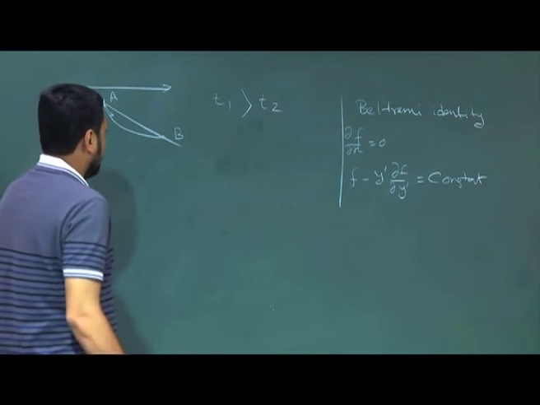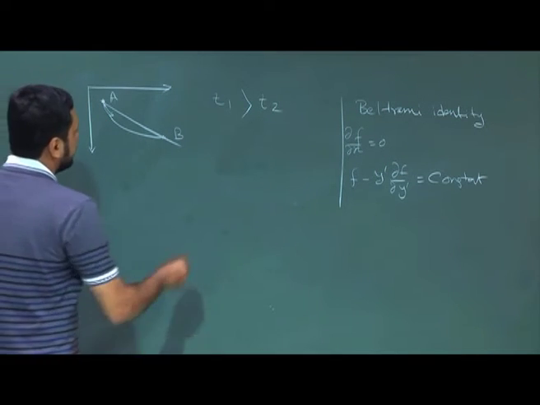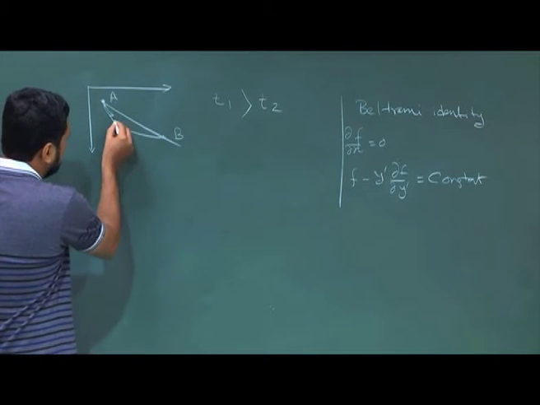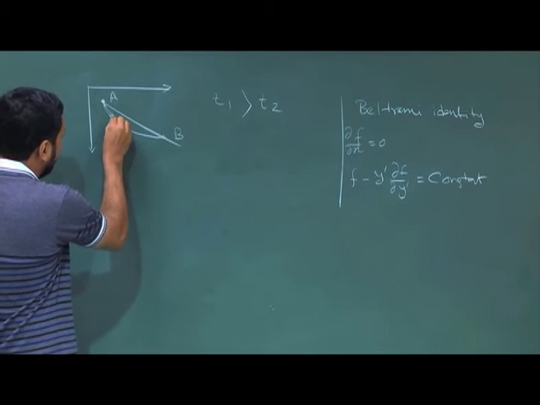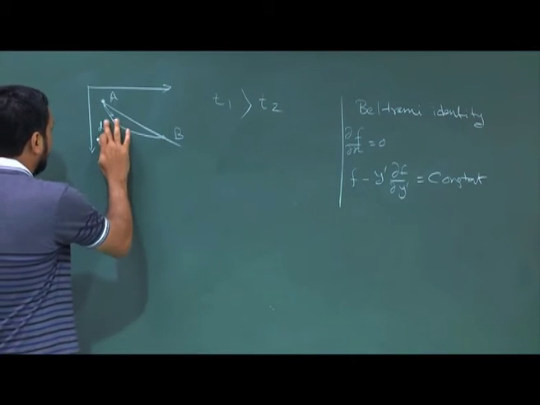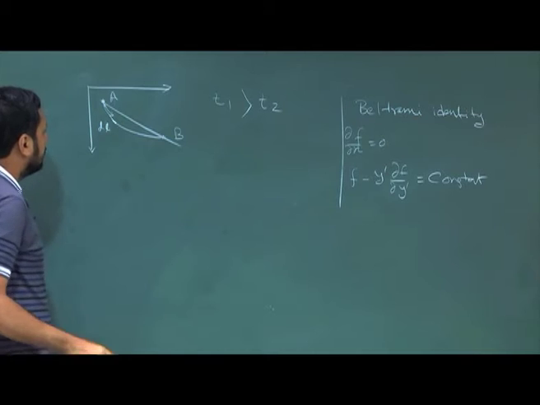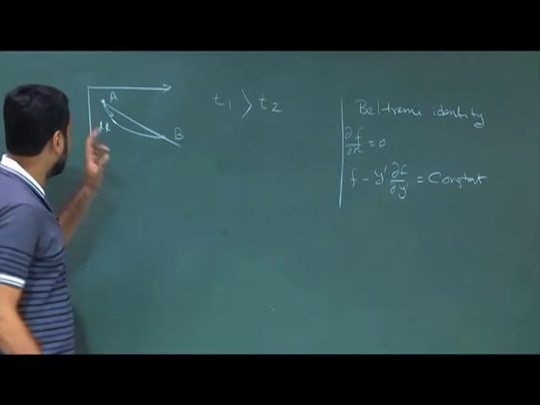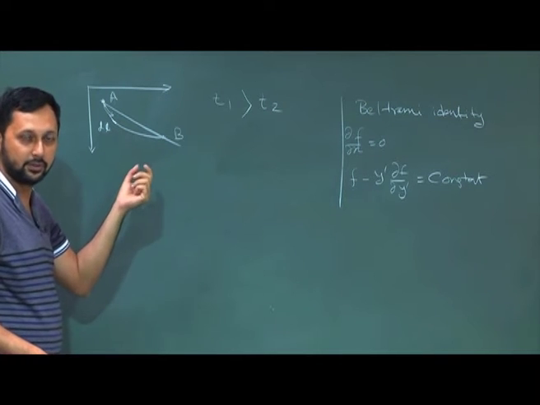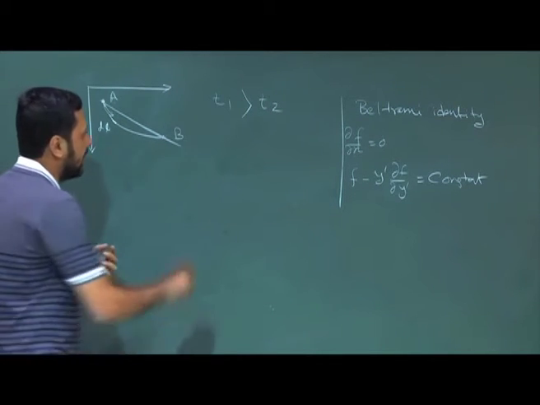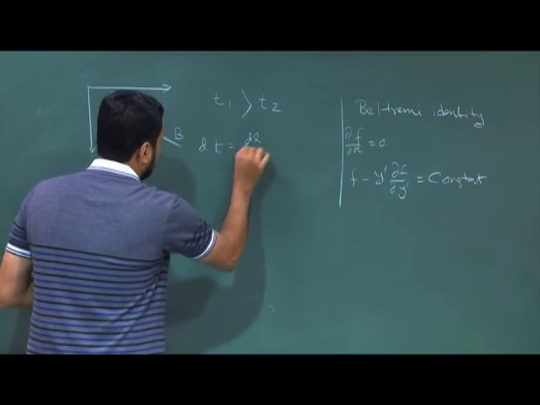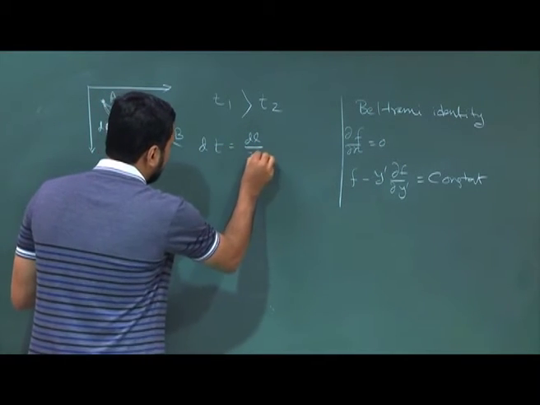Now, in order to do that, let us assume that to travel along this particular curve, we take a small segment of length ds or dl, let us say. For the mass to travel this small length dl with a velocity v, the time taken dt is equal to dl by v.